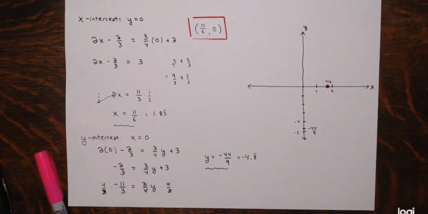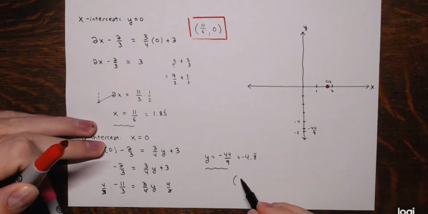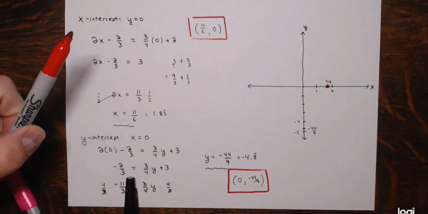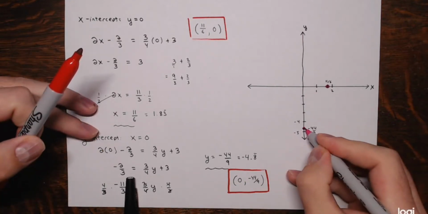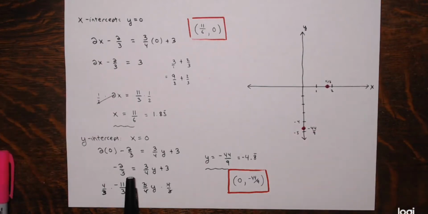I should also put the point that we're plotting here: x coordinate of 0, y coordinate of negative 44/9. That's the y-intercept. I plot it on the y-axis there, between negative 4 and negative 5.